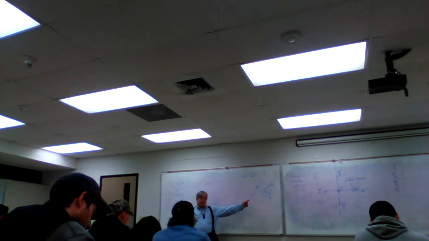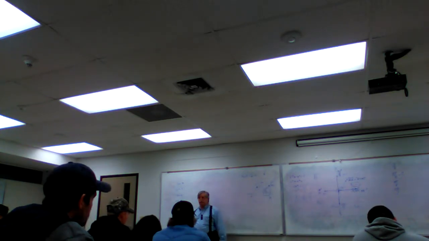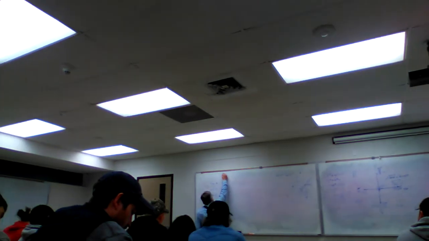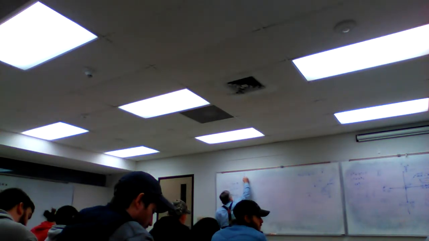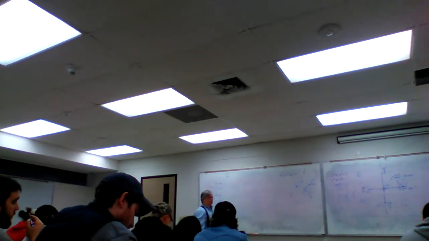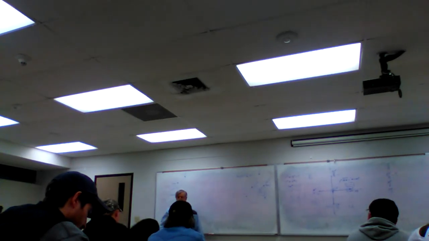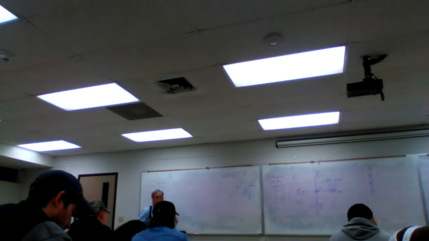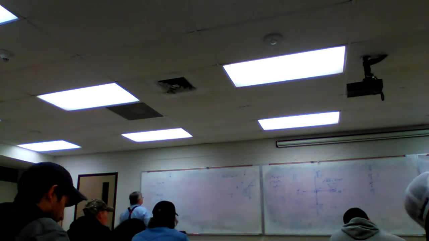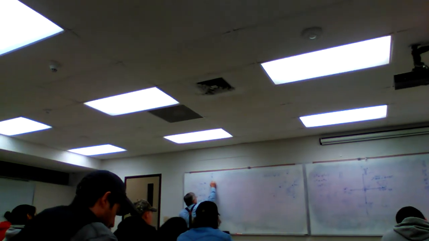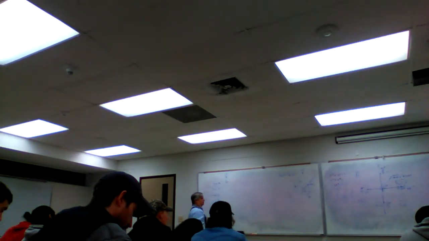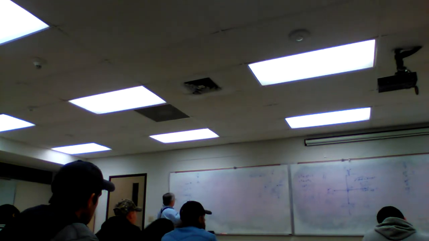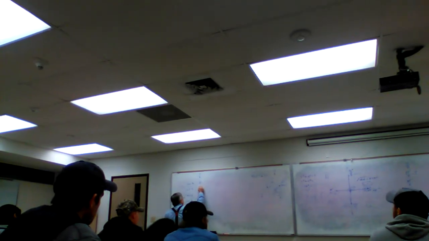And we know that that point is on the unit circle. So what does that tell us? What's the sine of pi over 4? What's the y coordinate? 1 over the square root of 2. What's the cosine? 1 over the square root of 2.